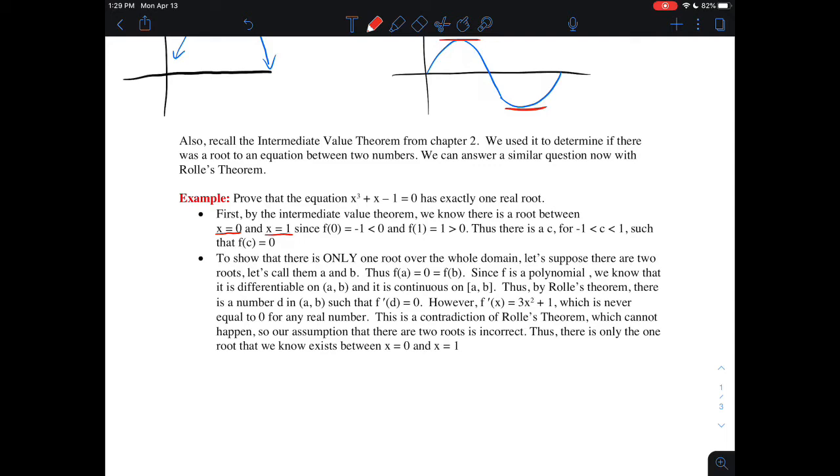You might ask, why did I choose those? Well, f of 0, if I plug 0 into the function x cubed plus x minus 1, I would get 0 plus 0 minus 1, which means f of 0 is negative 1. And if I plug in 1 to that polynomial, I would get 1 plus 1 minus 1, which is 1.